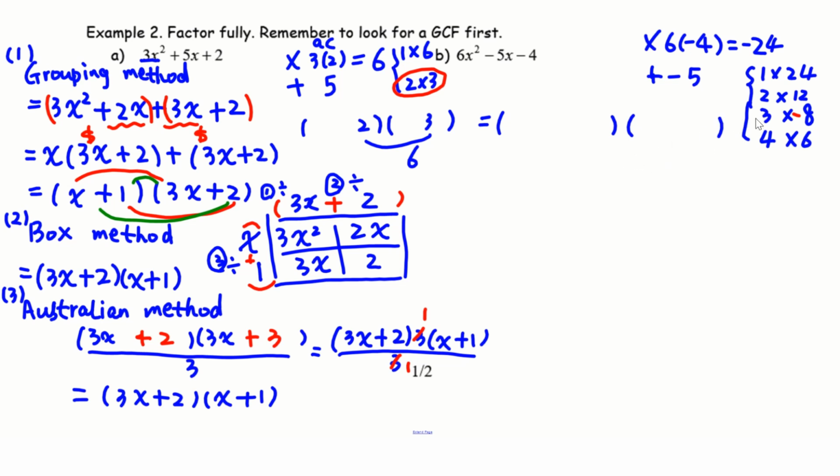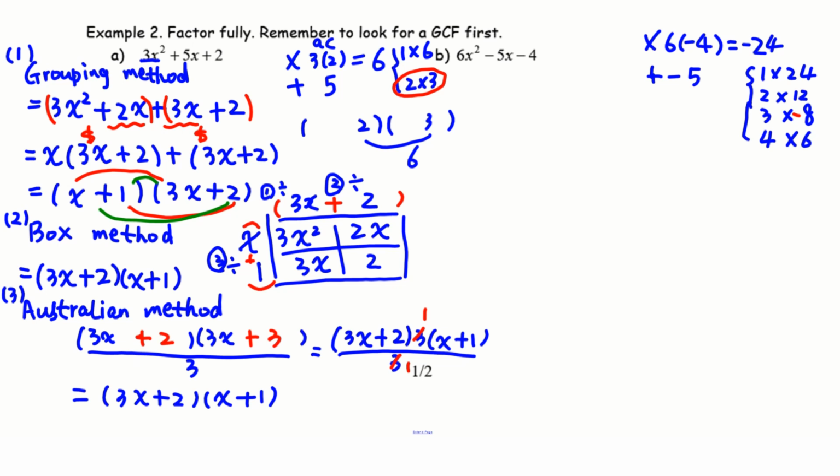Then you are going to see 3 and -8. You could use one of these methods. We could use the grouping method. So we're going to use the grouping method.